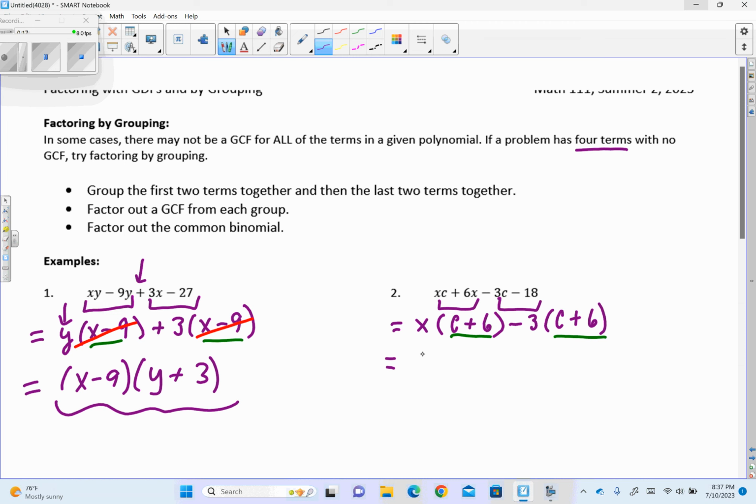Then again, I take my common factor, which this time is c plus 6, and bring that to the front. And then if I were to remove those, I'd be left with x minus 3. So that would be my final factorization.